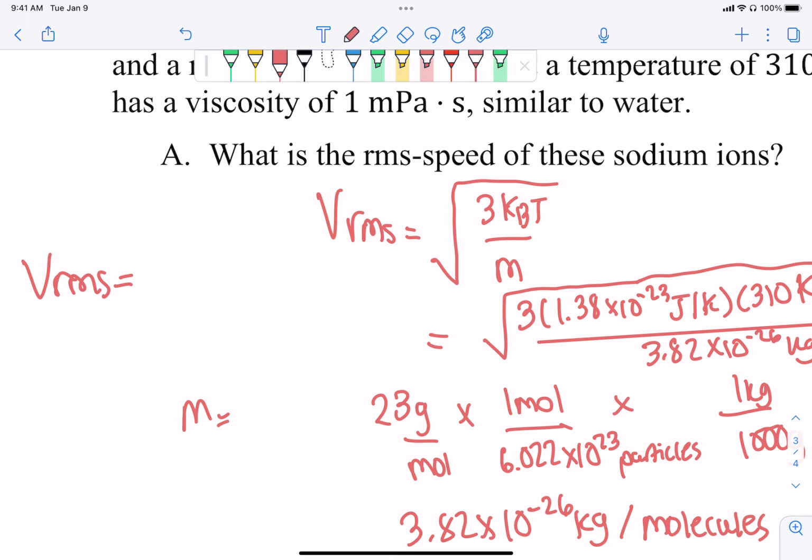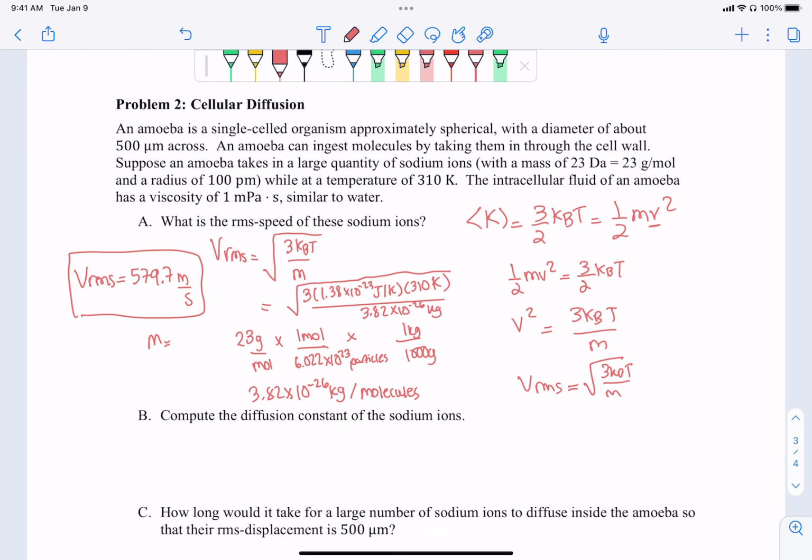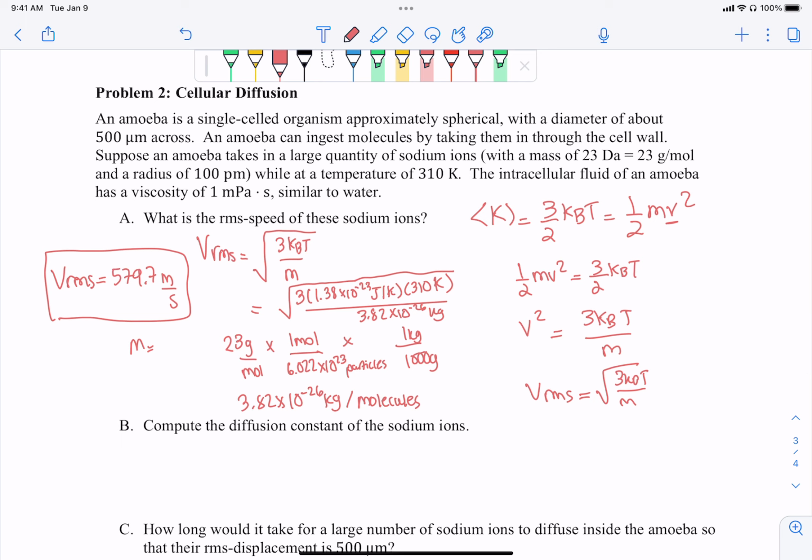All right. So for our RMS, I got 579.68, so 579.7 meters per second. That should be your RMS speed.